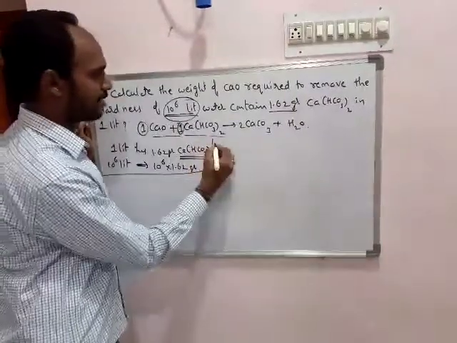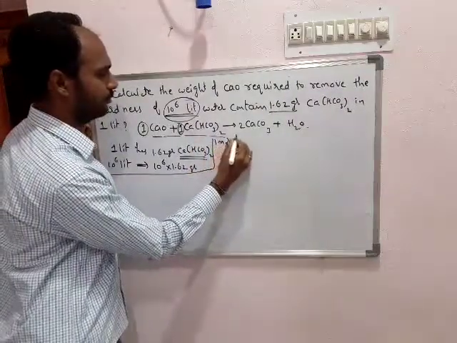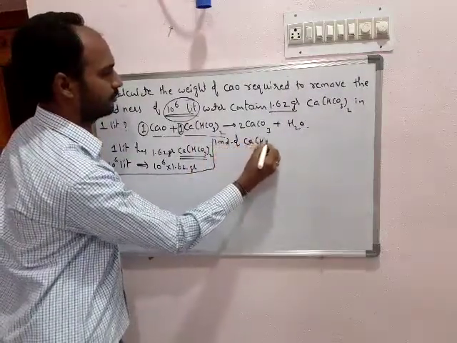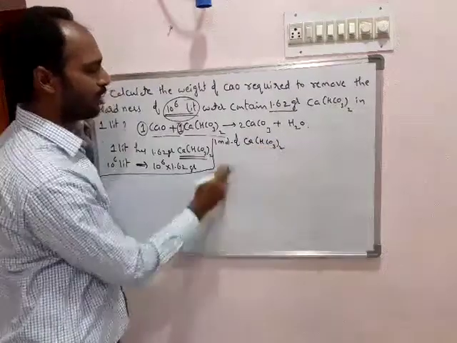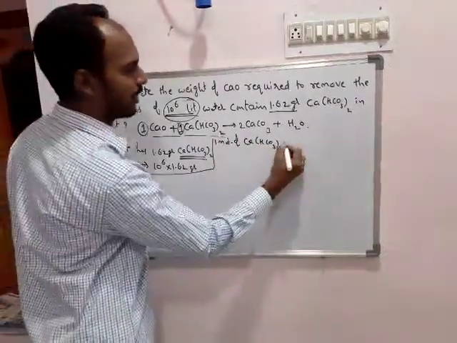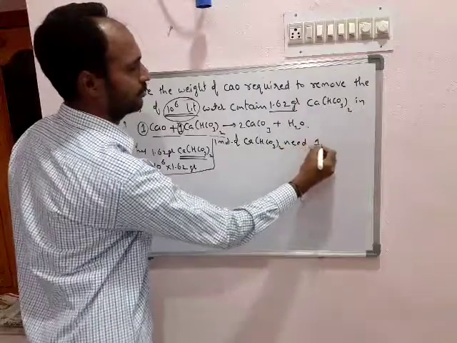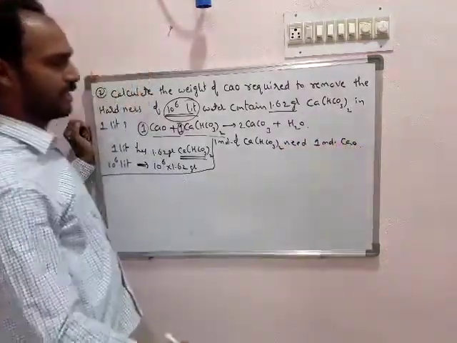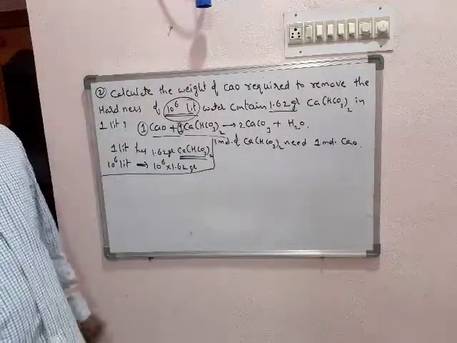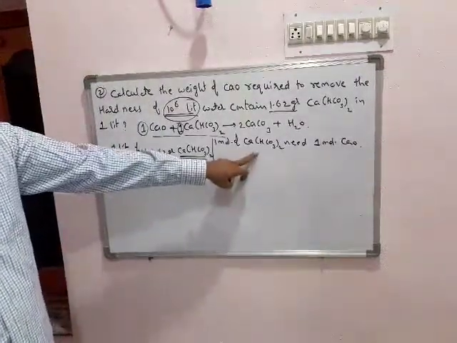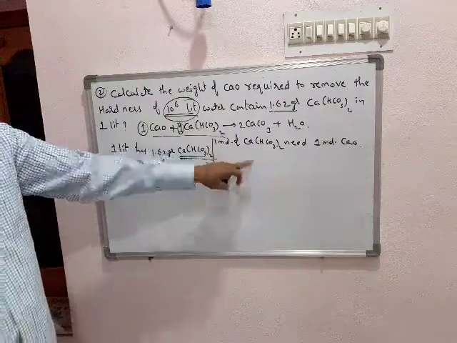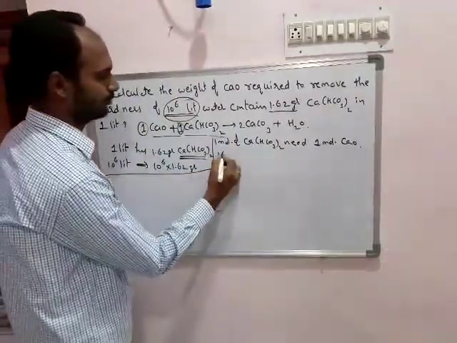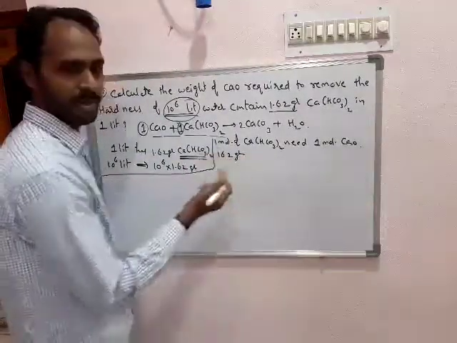So according to the balanced equation, 1 mole of calcium hydrogen carbonate needs 1 mole of CaO. Here 1 mole of calcium hydrogen carbonate means how many grams? Its molecular weight.